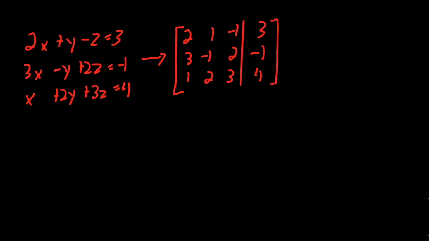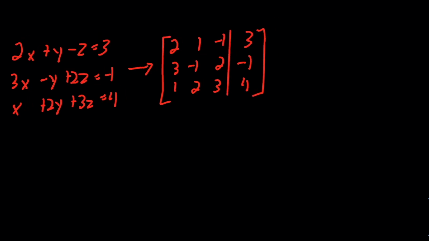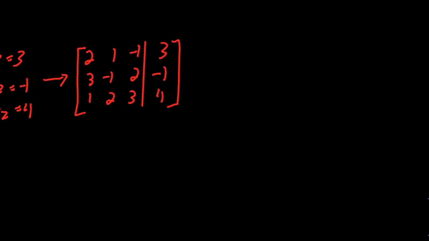Right on. So we're going to implement the following matrix operations. So let's grab row 2 and subtract 3/2 times row 1, and we're going to move that to row 2.